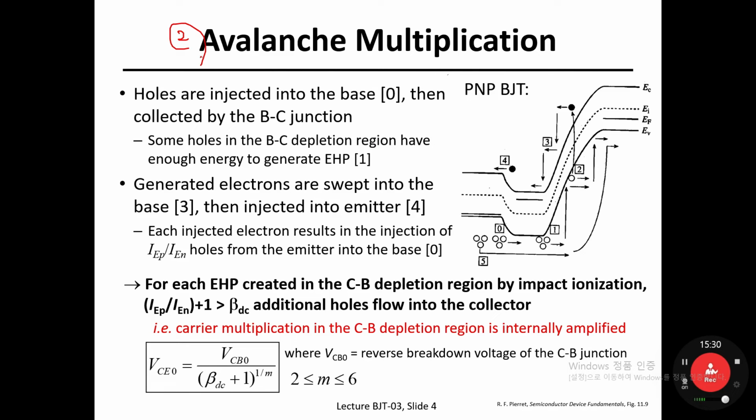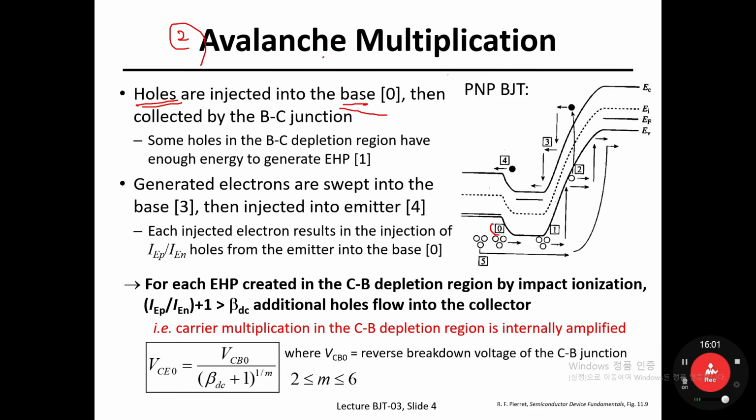When we learned the PN diode, we thoroughly reviewed the avalanche mechanisms, so I guess we don't need to go into detail. However, briefly, let me talk about how avalanche happens in this PNP BJT in common emitter configuration under very high output voltage. Number one, yes, holes from the emitter are injected into the base.